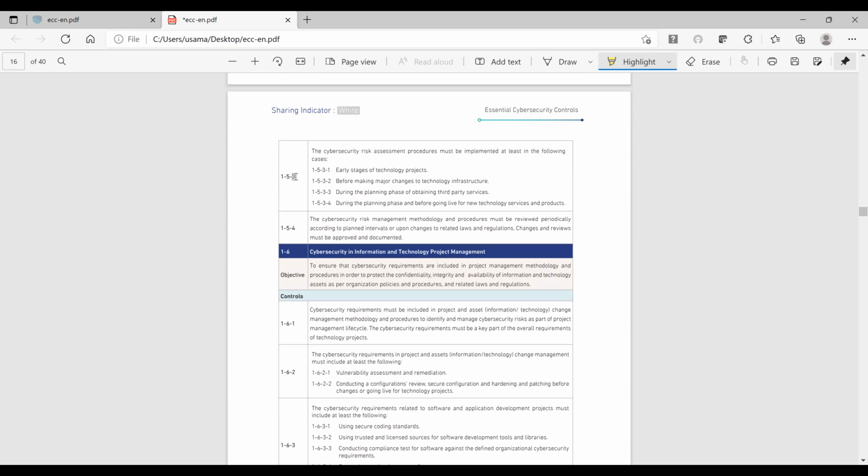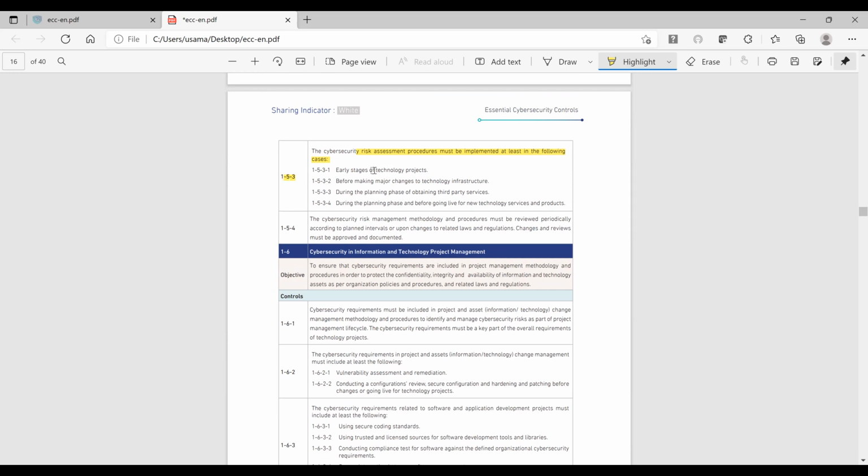Subdomain 5 has control number 3. What is this control? This control says that risk management should be implemented at least in the following cases. It should be implemented yearly, once per year, except if you have some other occasions, like what?